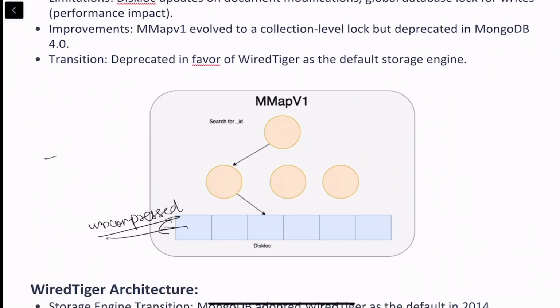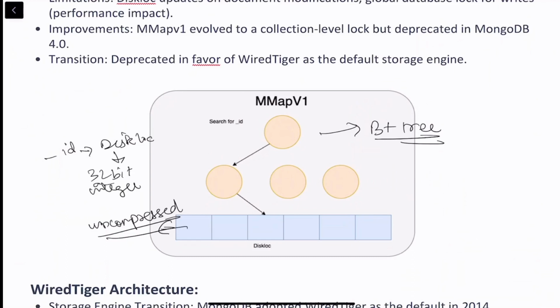So there was an ID that was referring to a disk lock using the B+ tree, and this disk lock was a 32-bit integer representing which file the document was and the offset in the file. The disk lock operation is generally an O(1) operation.